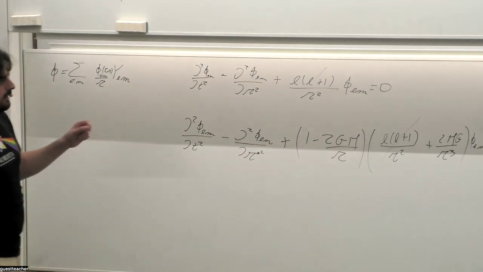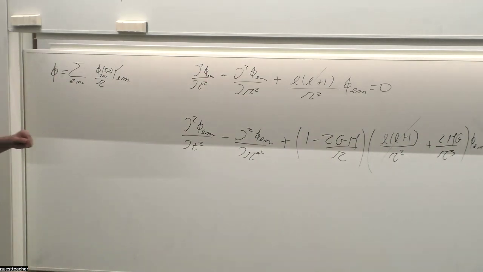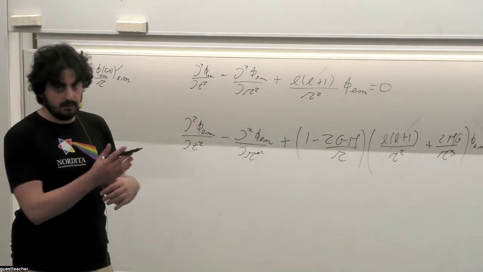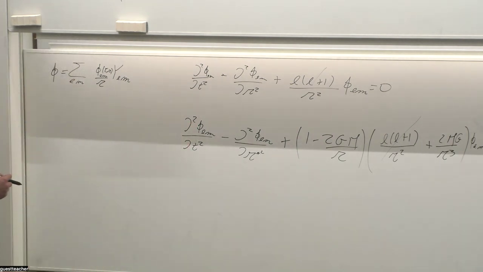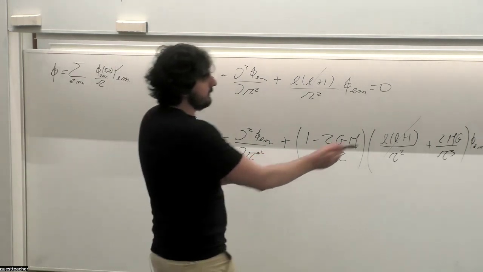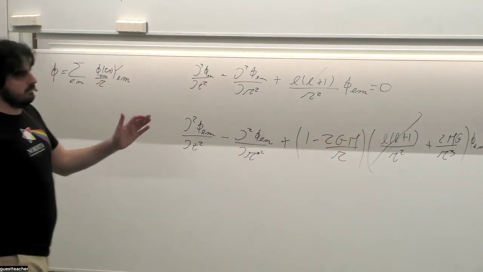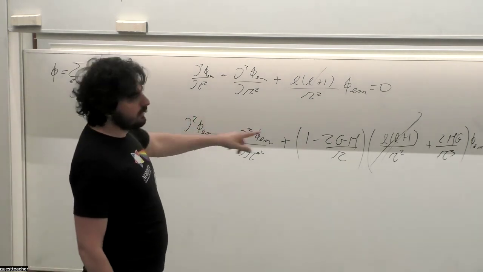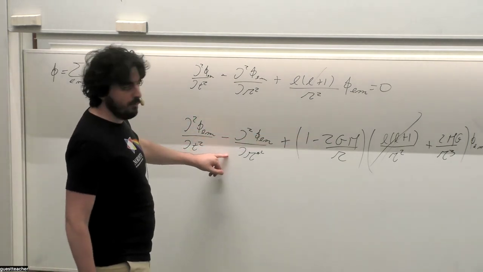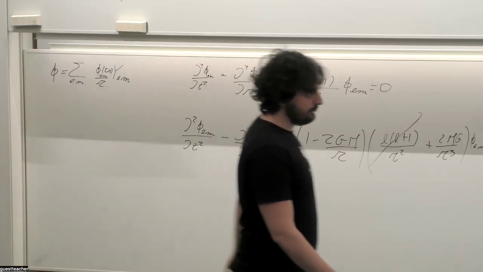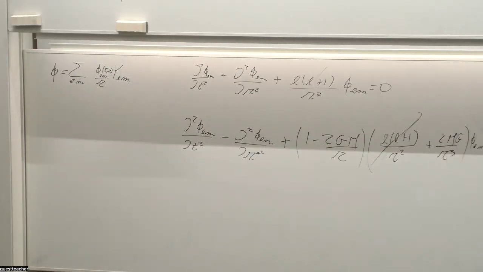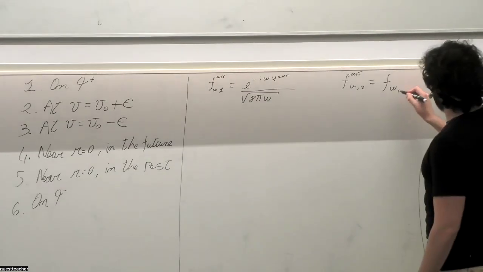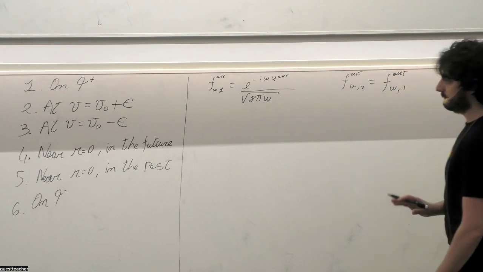On the way from scri plus down to the point 2, the mode will look different, and in particular some will be back scattered. But given that we forget about this potential, we don't need to do anything. The mode at point 2 is just equal to the mode at point 1, because you have just free wave propagation. So this is just equal to F omega 1 out.